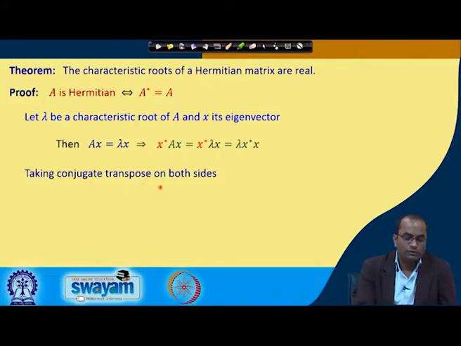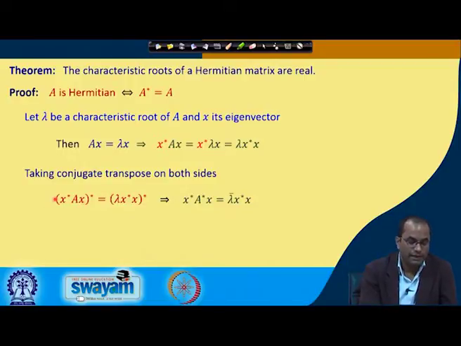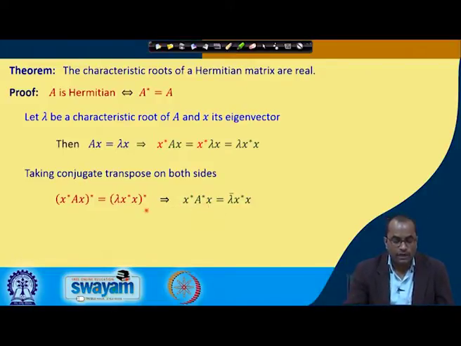Now we take the conjugate transpose of both sides of this equation, x star A x equal to lambda x star x. What do we get? The conjugate transpose of x star A x will be x star, A star, and x star star, which is x. On the right side also, x star star becomes x, and lambda has its conjugate, lambda bar.